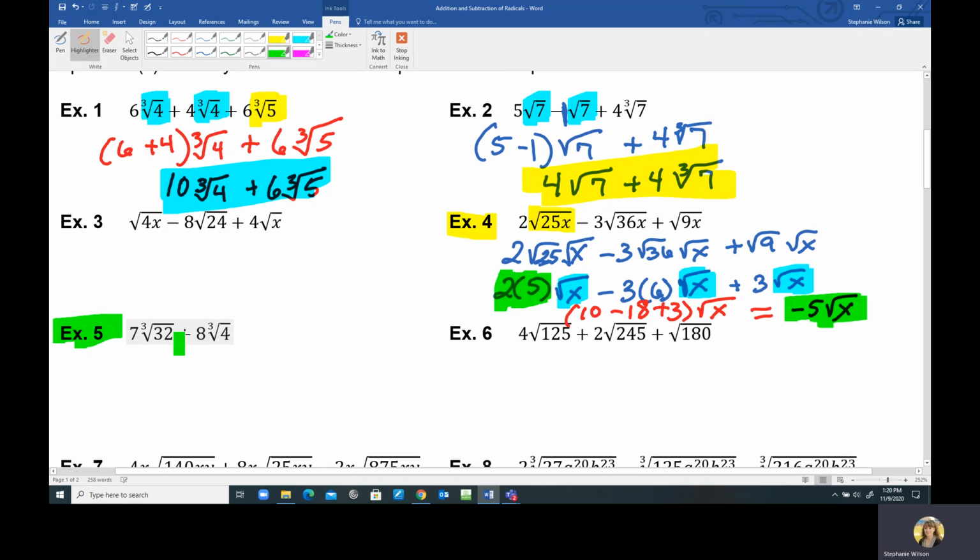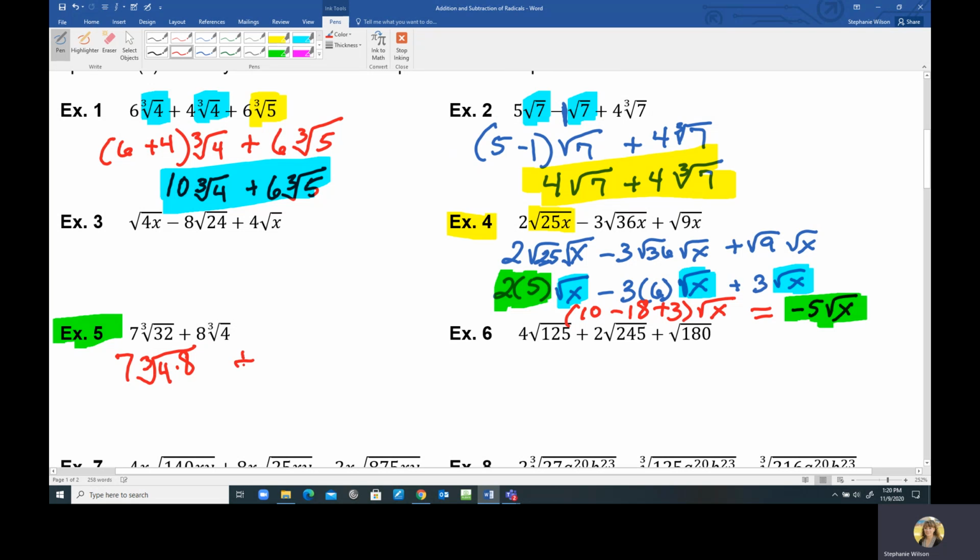And you would do the same. So let's look at example 5. We have 7 cube root of 32. Well, the cube root of 32 is something times itself 3 times to give me 32. What would that be? Well, we can break that down as we know it's 4 times 8, right?